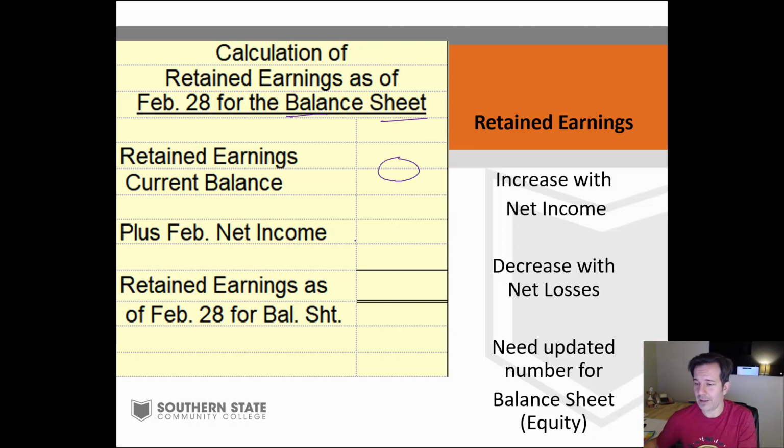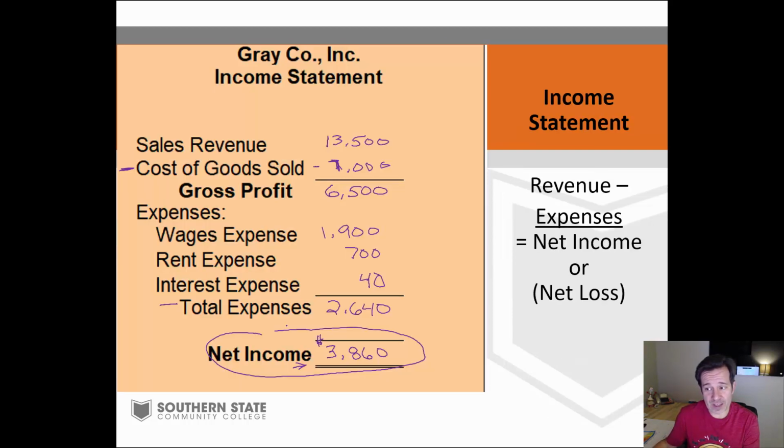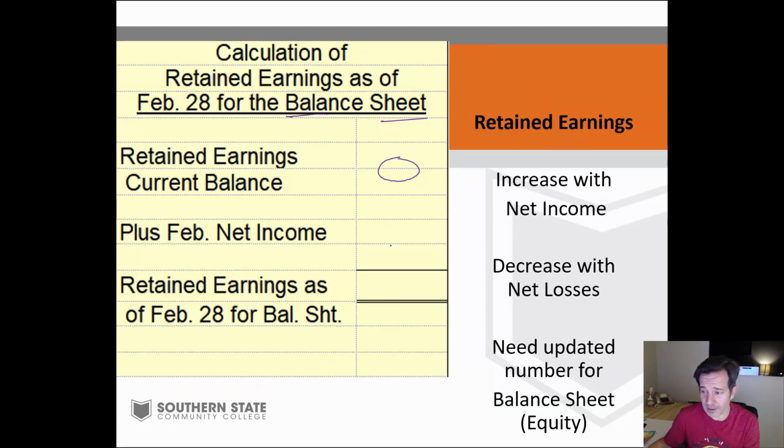New business. Then we're going to add to that the net income for the month. If we had a loss, it'd be a subtraction. We'd subtract from the retained earnings balance. But we're going to add to it because we had a $3,860 net income for the month.